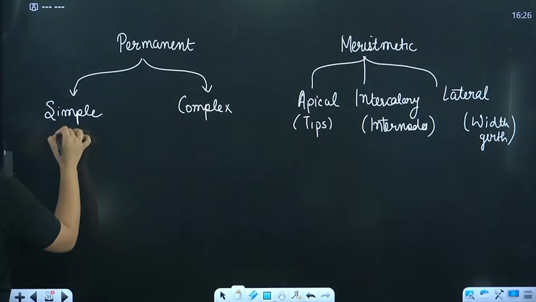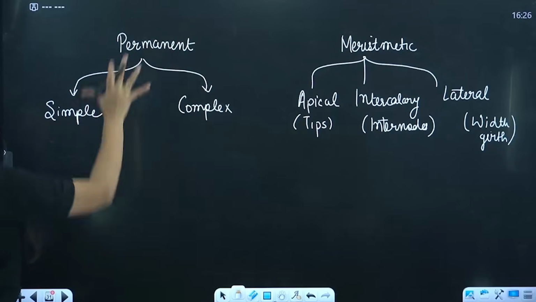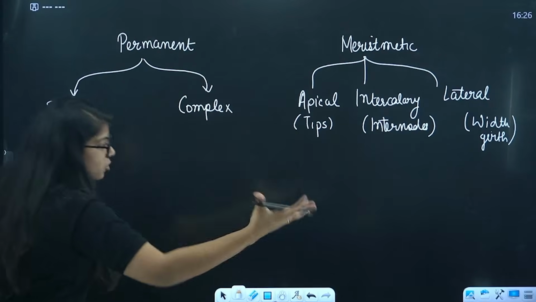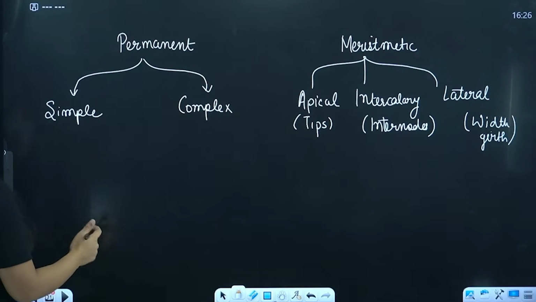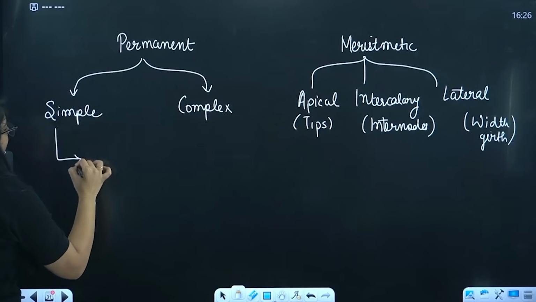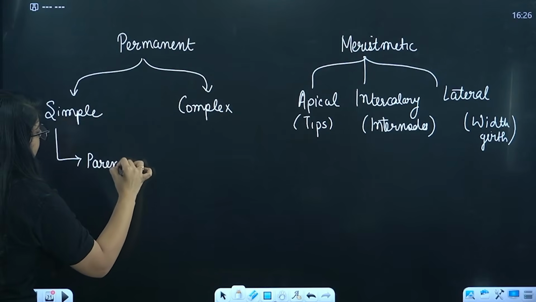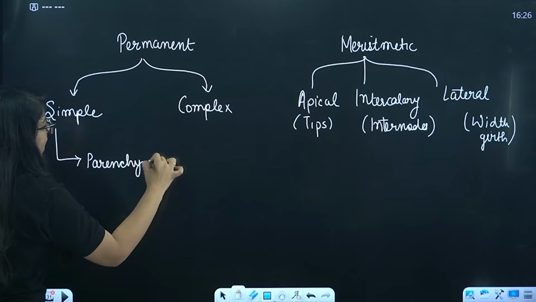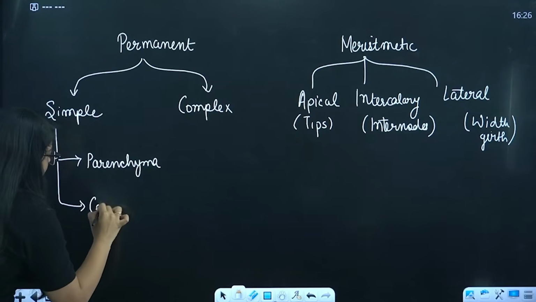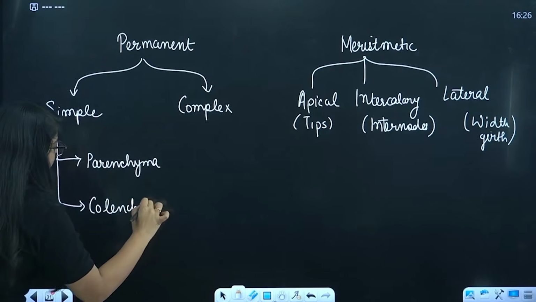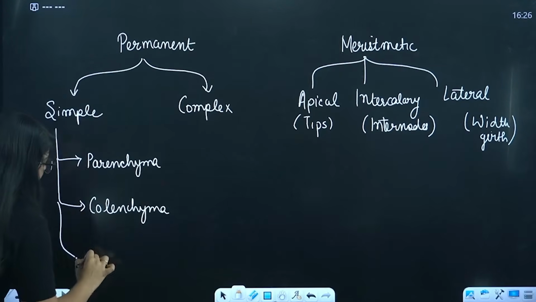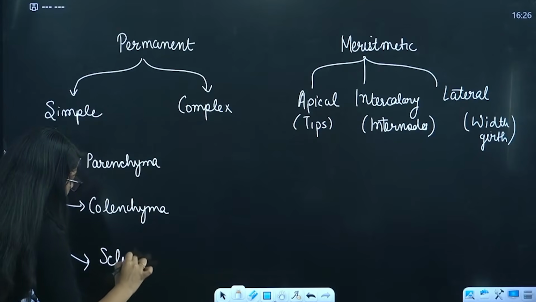Okay. Now beta, in total we have 5. Why? Because the 5 years term of the Prime Minister. Now beta, in simple we have what? Parenchyma, and we have collenchyma, and then we have sclerenchyma.